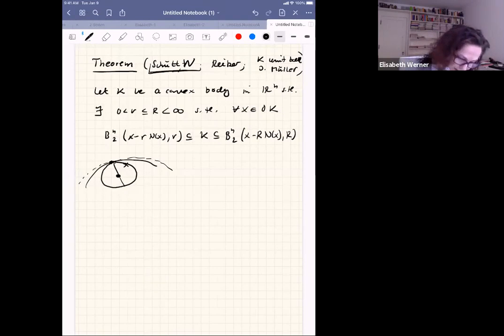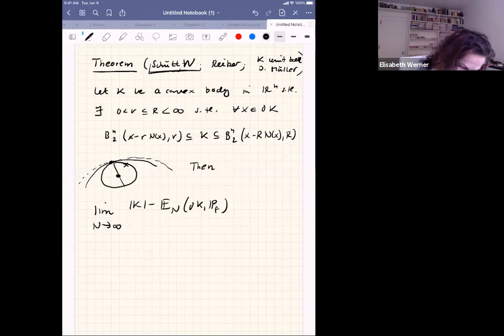So assume we have this. Then the limit, as the number of chosen points goes to infinity, so this is an asymptotic result, of the volume difference of K and the expected volume of n chosen points, points chosen on the boundary with respect to this probability measure, divided by n to the minus 2 over n minus 1.